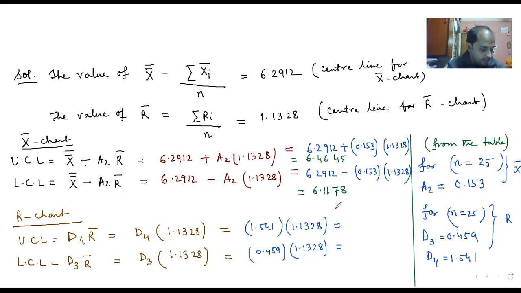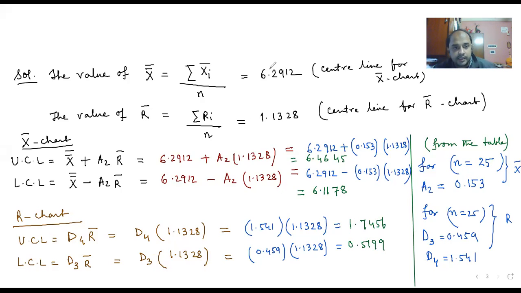That would be 1.541 multiplied by 1.1328, which comes out to be 1.7456, and 0.459 into 1.1328 comes out to be 0.5199. Okay, so these are the values which I've calculated.